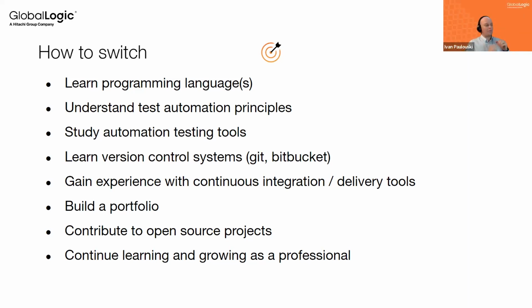So the next point is, as I already mentioned a few times, you need to build a portfolio. How I see the portfolio for the test automation engineer is a set of tasks, a set of repos, where each repo is concentrated on a particular tool.